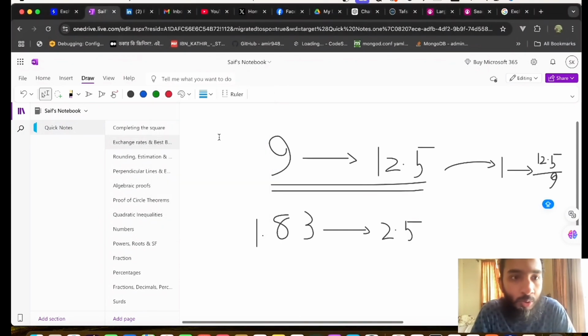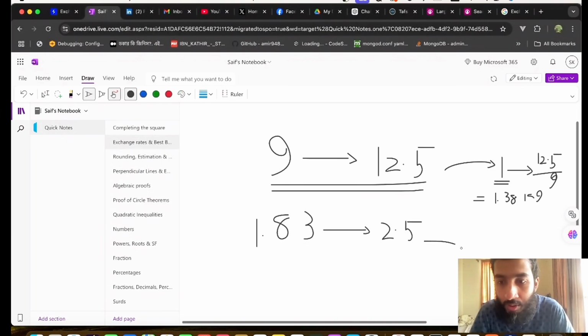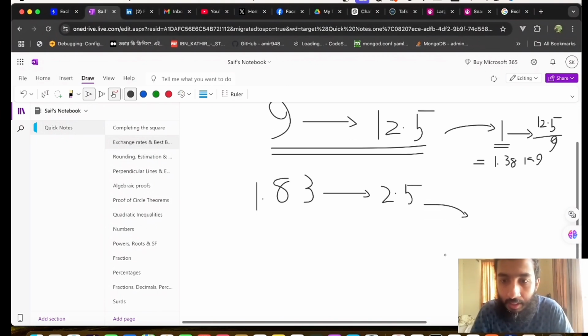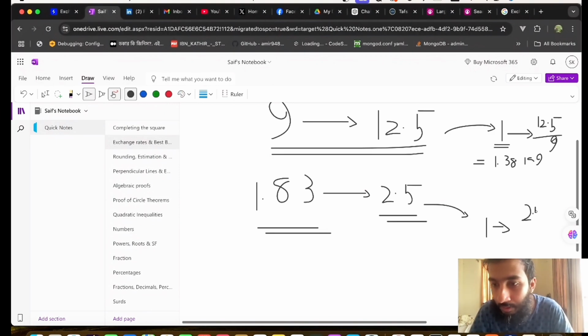So for each pound I get about 1.38 kg of potatoes. And if I use the unitary method here, for £1.83 I get 2.5 kg. So for 1 pound I get what? 2.5 divided by 1.83.